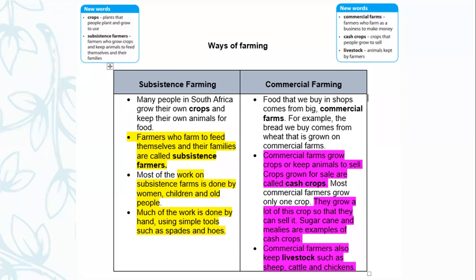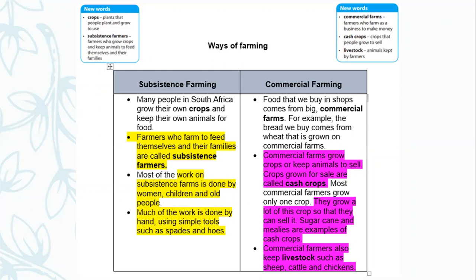Now, many people in South Africa grow their own crops and keep their own animals for food. Farmers who farm to feed themselves and their families are called subsistence farmers. Please highlight.